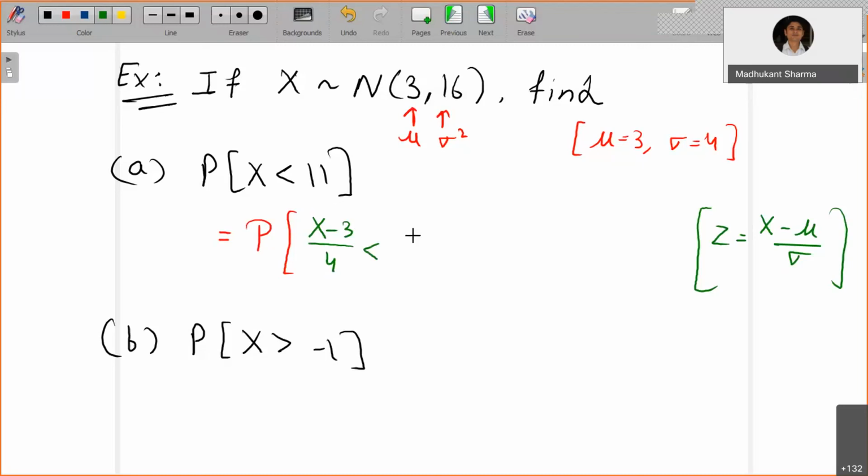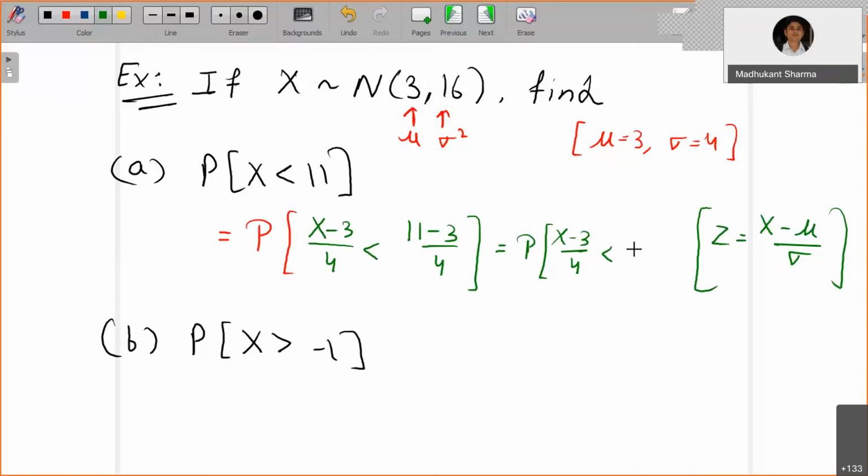So this will also not change the inequality. So 11 minus 3 by 4. So this value is equal to the probability of (X minus 3) by 4 less than (11 minus 3) by 4. 11 minus 3 is 8, right? 8 by 4 is 2.